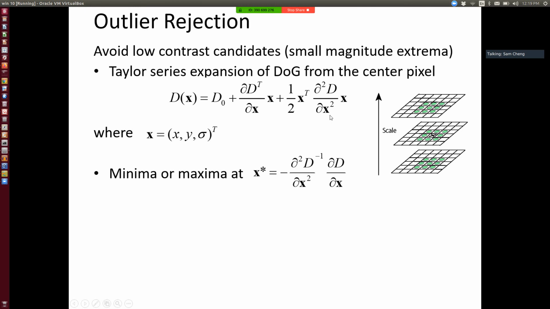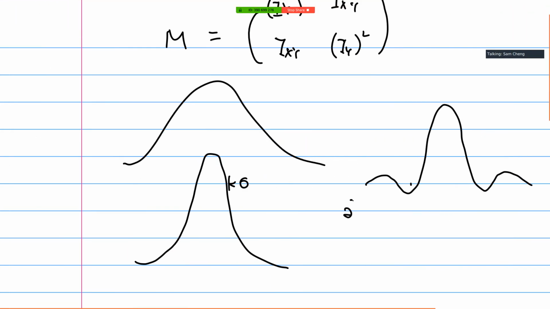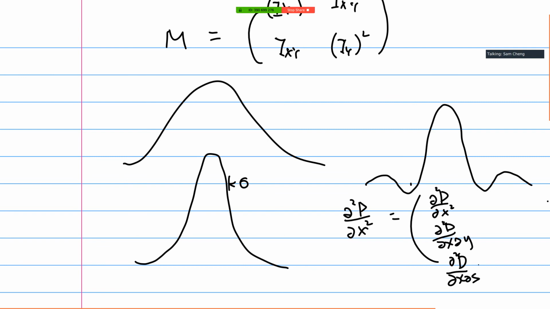This is the partial d squared partial x squared, then partial d partial x partial y, and then partial d partial x partial y, something like that.